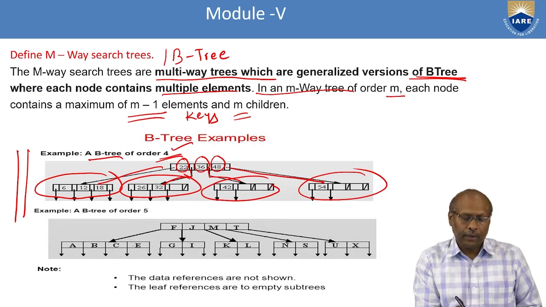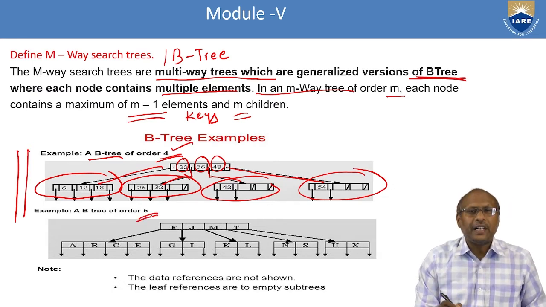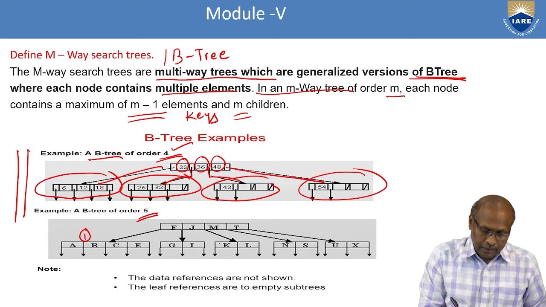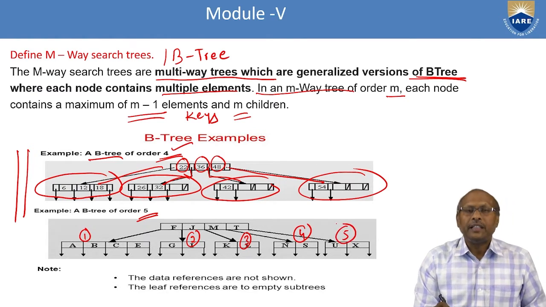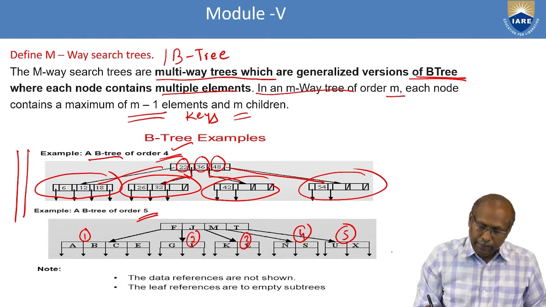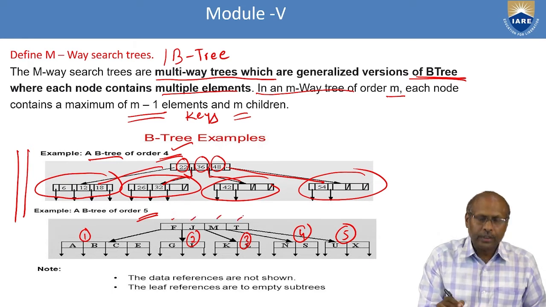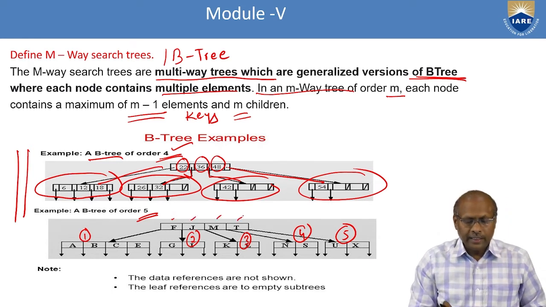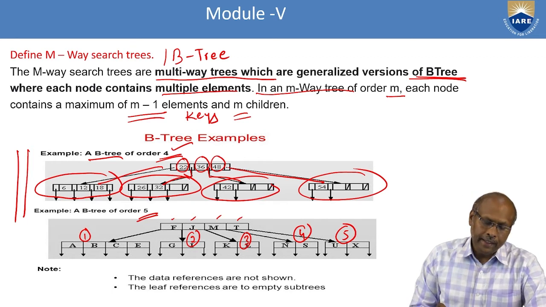Similarly, a B tree of order 5. When I say order 5, there will always be 5 children: first child, second child, third child, fourth child, and fifth child. And if there are 5 children, there will be 4 keys: first key, second key, third key, fourth key. So this is the general B tree, or you can say M-way search tree.